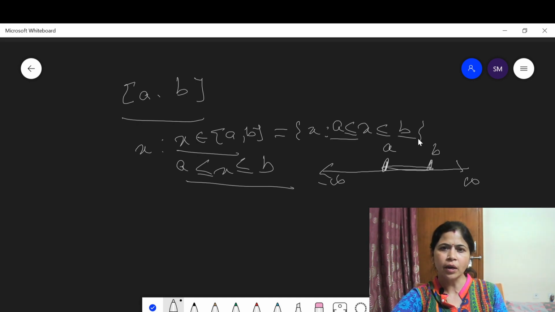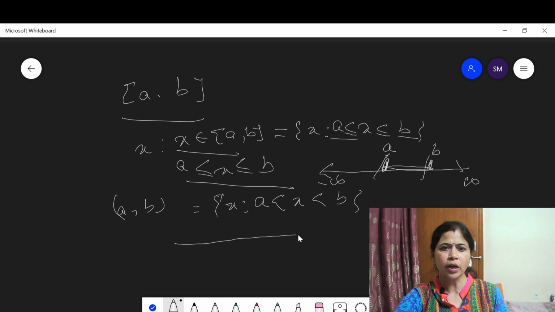A closed interval means the interval contains A and B. Then (A, B) is the open interval, which means X is such that X is greater than A and less than B. This is shown on the real number line from minus infinity to plus infinity, with A and B, and X between A and B. The closed interval includes A and B. The open interval doesn't include A and B. This means X is between A and B.